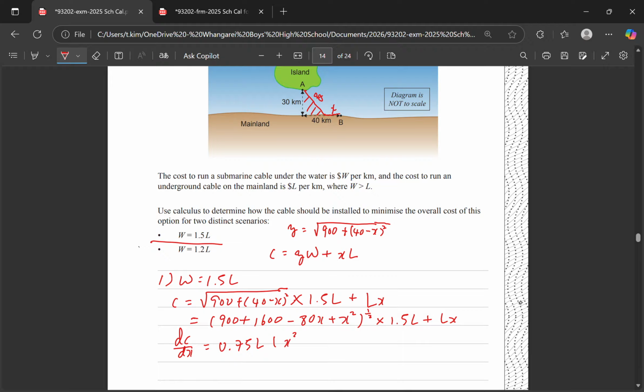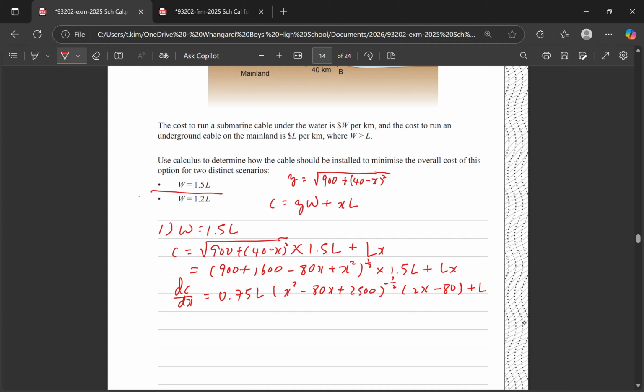So x squared minus 80x plus 2,500 to the power of minus half, which is half take away 1. And then times by inner, meaning derivative of this, which is 2x minus 80. And then plus L, because when you differentiate Lx, you get L.